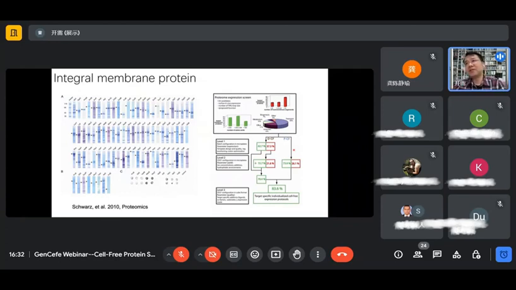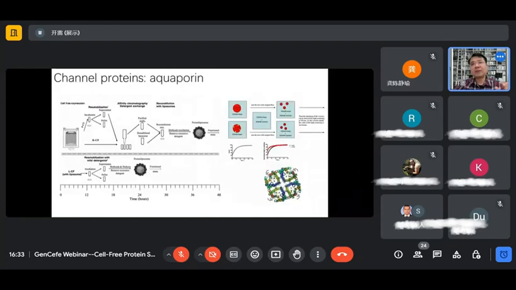They are diversified in their transmembrane segments, and also the size, as well as the number of extracellular loops, and so on and so forth. After 3 rounds of optimization, we achieved around 83% success rate, which means around 80% of the integral membrane proteins we can obtain in their soluble form.